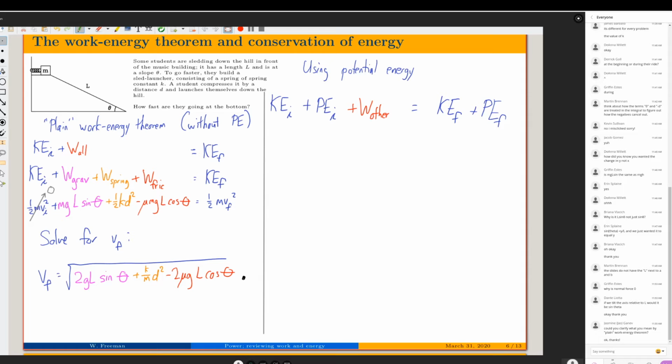So here, the conservative forces that I have that are associated with the potential energy are gravity and the spring force, and the non-conservative force is friction.